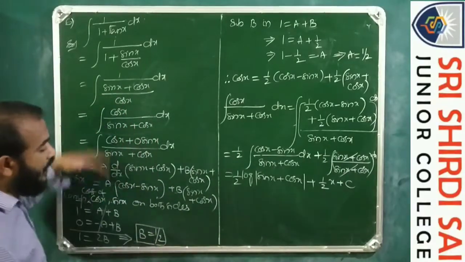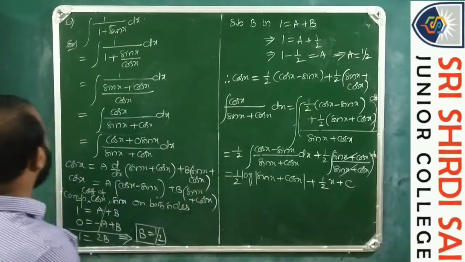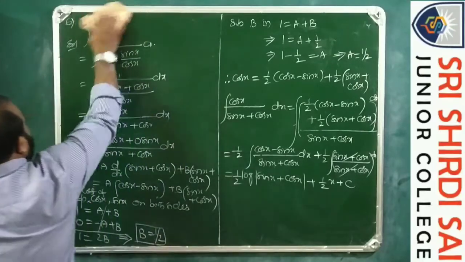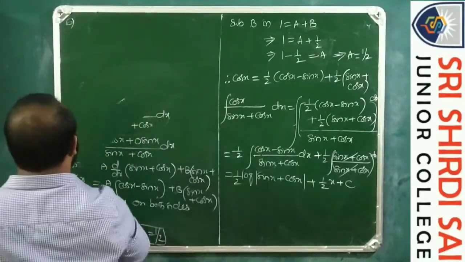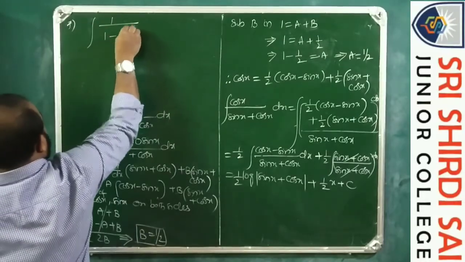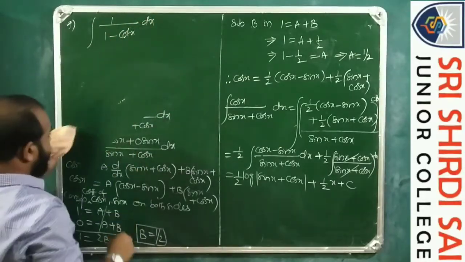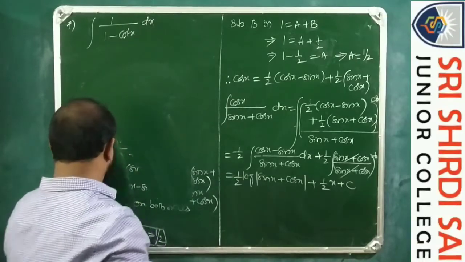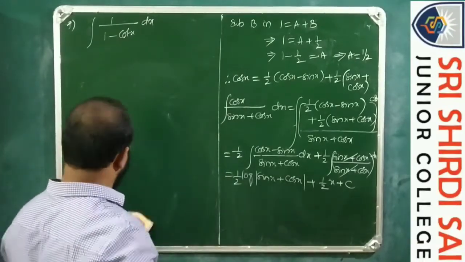So this is how we have to solve. The next question is integral 1 by 1 minus cot x dx. So let us see how to do this.